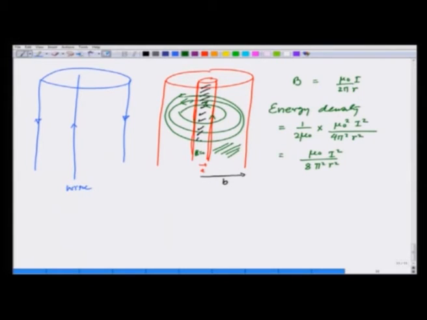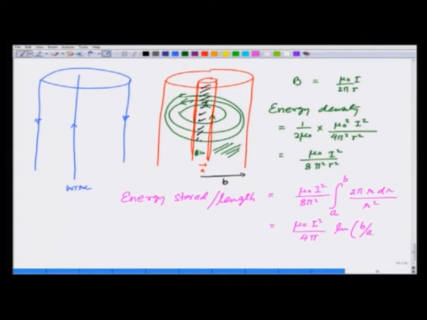If I were to calculate energy stored per unit length, this will be equal to mu 0 I square over 8 pi square, integral A to B, 2 pi r dr divided by r square, and this comes out to be mu 0 I square over 4 pi log of b over a.